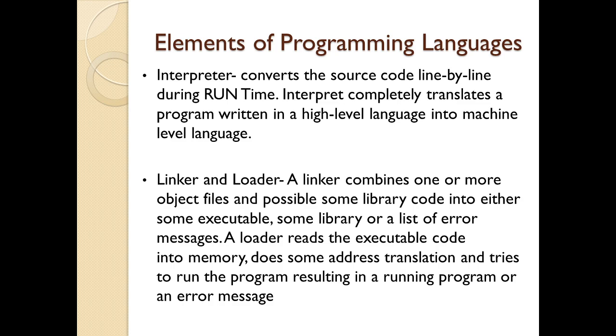A linker combines one or more object files and possibly some library code into either some executable, some library, or a list of error messages. A loader reads the executable code into memory, does some address translation, and tries to run the program, resulting in a running program or an error message.